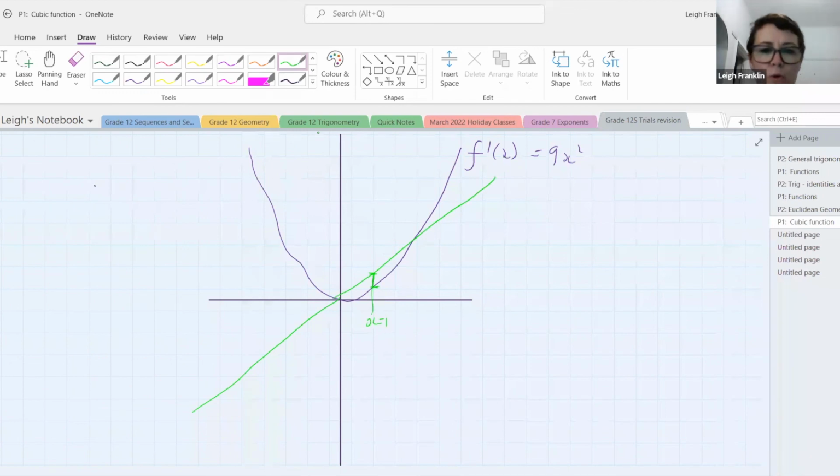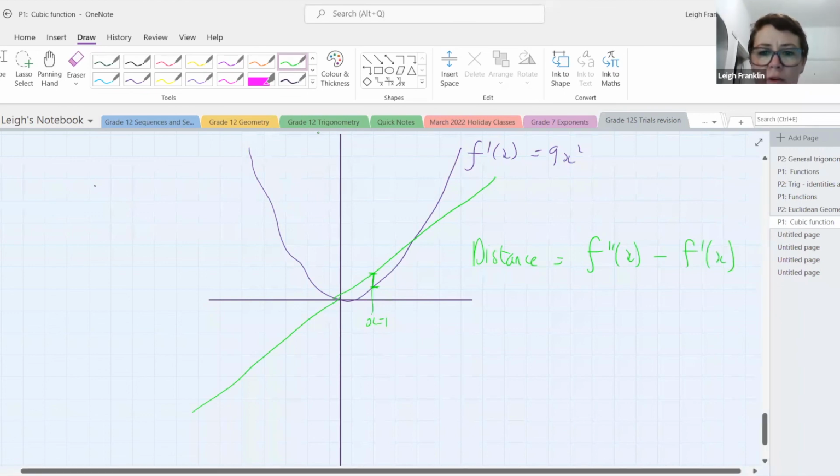Okay, so in other words, the vertical distance between the lines is going to be the value of y at that graph minus the value of y on that graph. So the y at the top minus the y at the bottom.